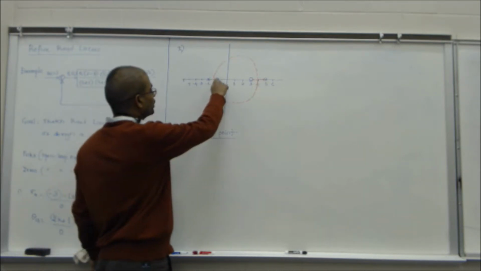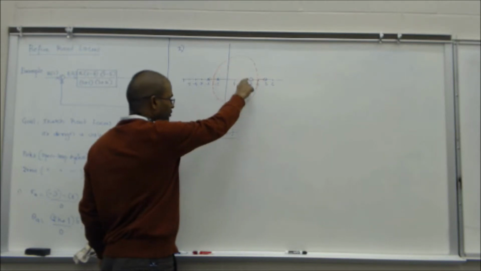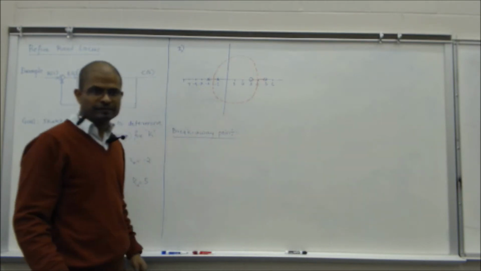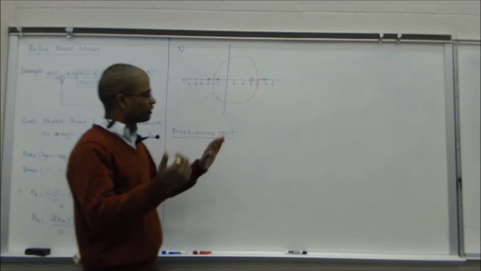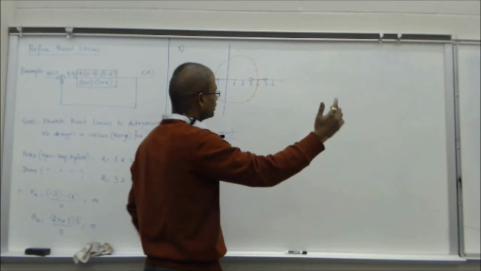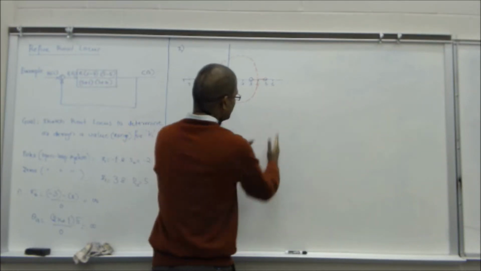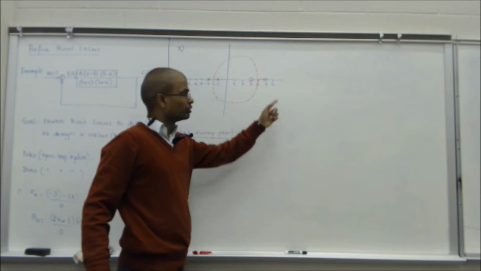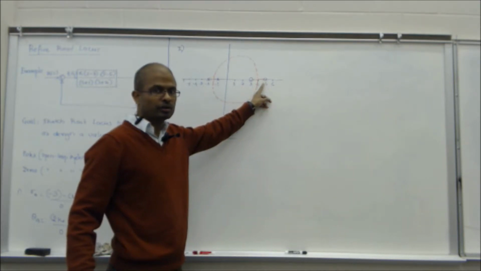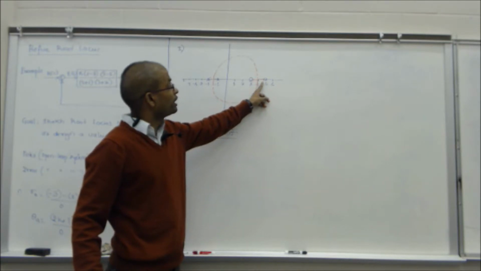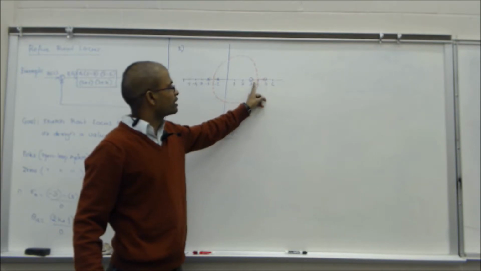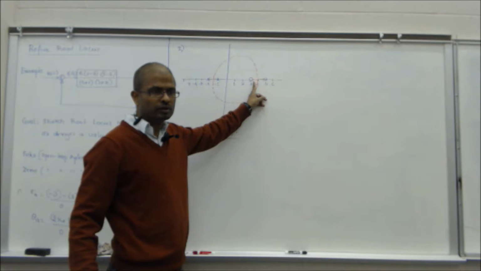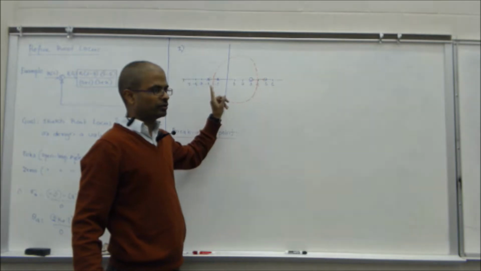Or I could have done this, right? I could have done this and this. It would still be symmetrical. So what the third one says is you start from the rightmost. You start from the right. Where is the first pole or zero? This is the first pole or zero, right? So root locus will exist on the real axis only. We are talking about the real axis part. Between the first and second, the root locus will exist. But not between second and third.